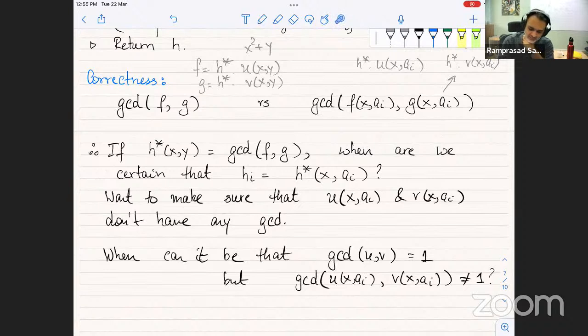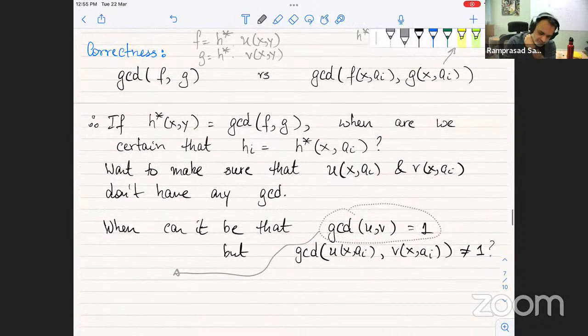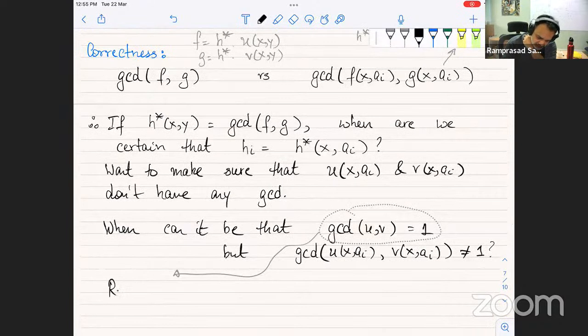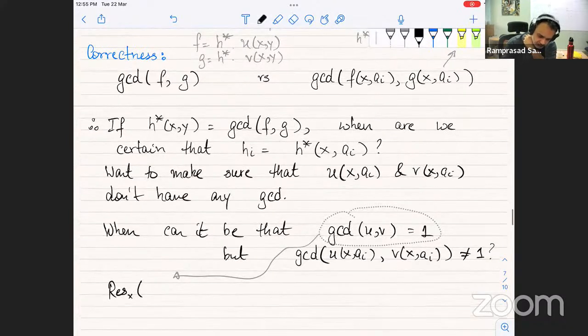Okay, what does this mean? When will this GCD be equal to 1? This happens if and only if the resultant of u and v is not equal to 0.